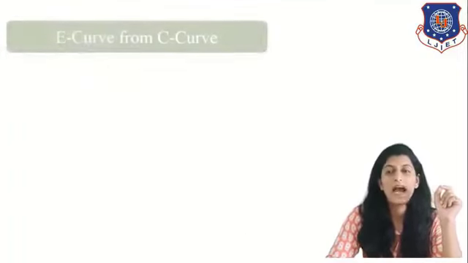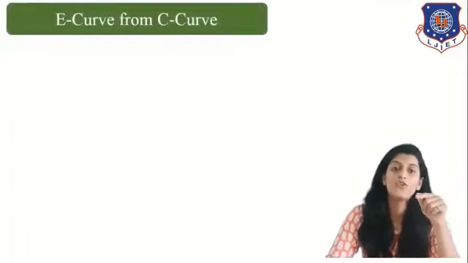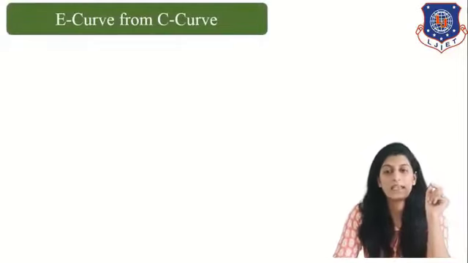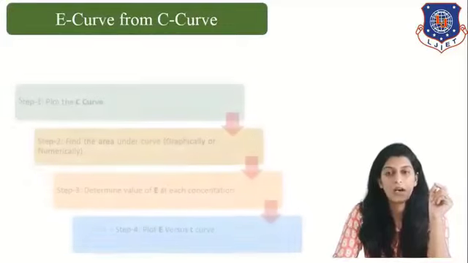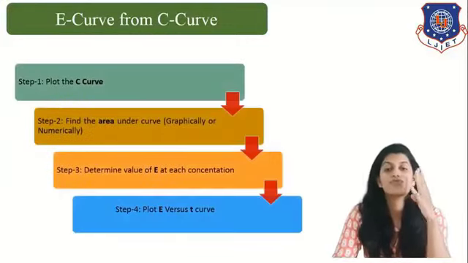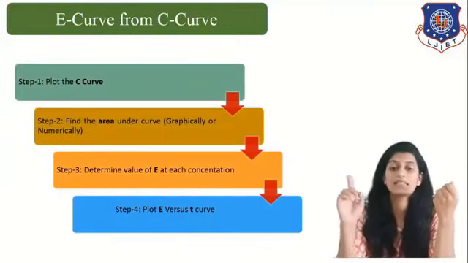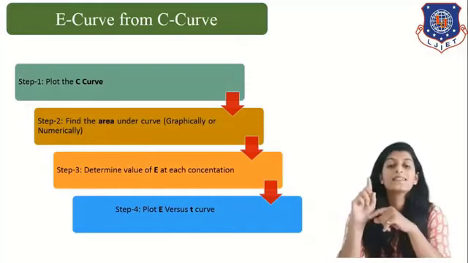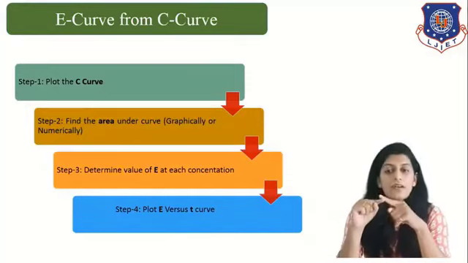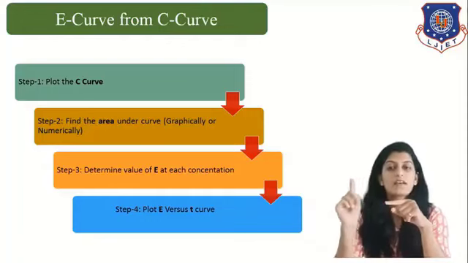Now let's see how to determine the E curve from a C curve. For this, we have 4 different steps, as you can see in this slide. Step number 1, we first need to plot a C curve.